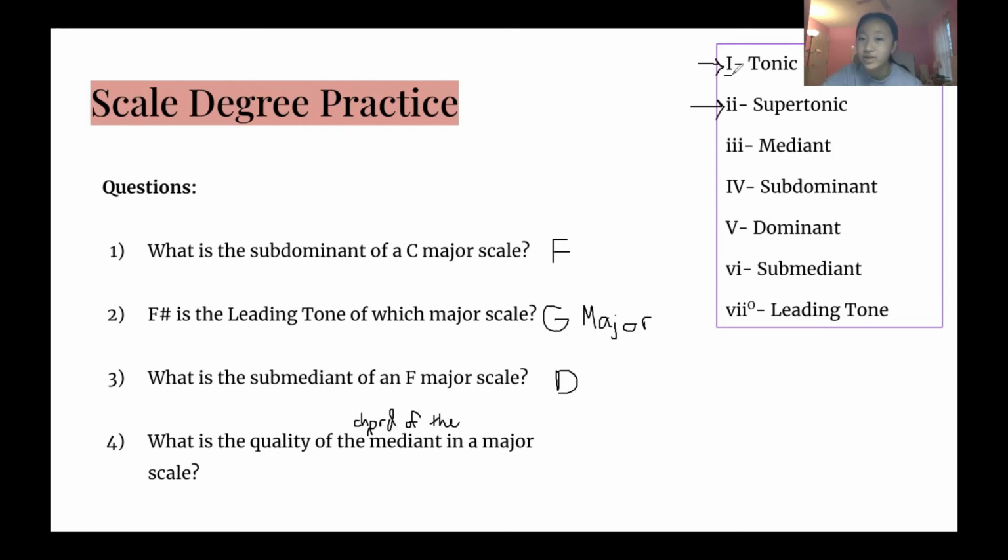So for example, 1 is capitalized, means it's major. 2 is not capitalized, which means it's minor. So if we look at the mediant, we'll see that it's not capitalized either. And there's no diminished symbol next to it, which means that the quality of the mediant is minor.